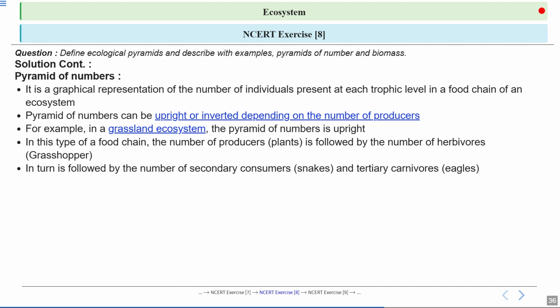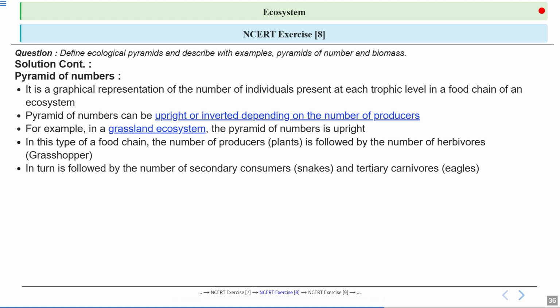In turn, this is followed by secondary consumers, which are snakes, and tertiary carnivores, which are eagles. So in this case the pyramid of number will be upright, because as you are moving upward, the number of organisms is decreasing.